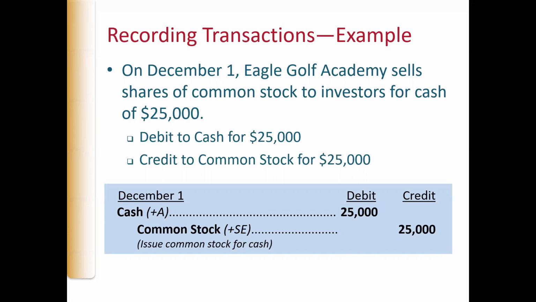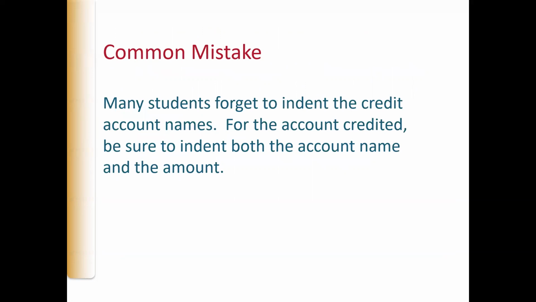Common stock is on the right-hand side of the equation under stockholders' equity. When we increase common stock, we credit it because it's on the right-hand side. Many students forget to indent the credit account names.